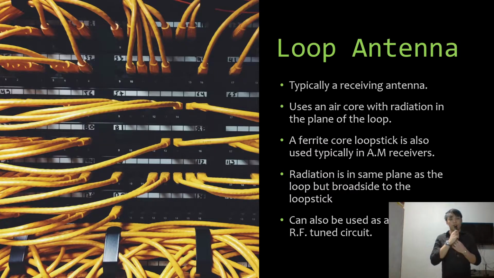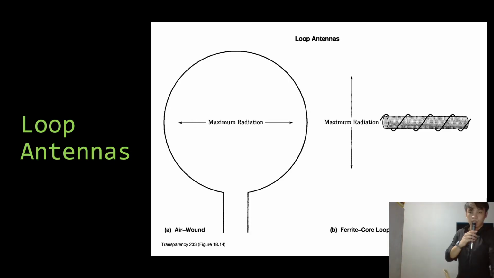The radiation is in the same plane as the loop but broadside to the loopstick. It can also be used as a coil in the radio frequency tuned circuit. So this is the basic principle of a loop antenna.